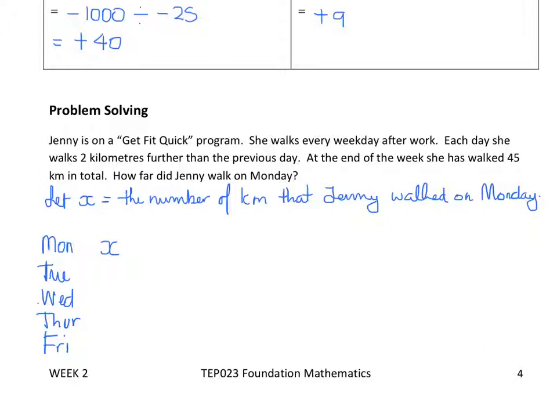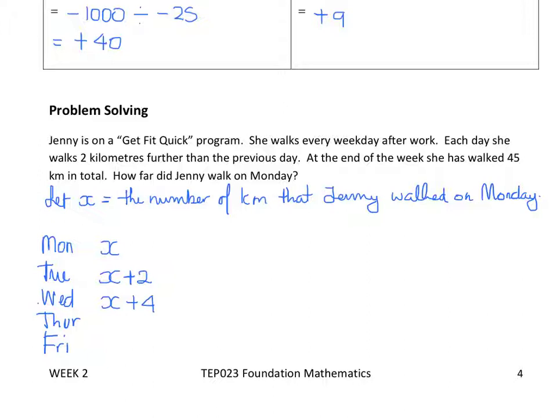On Tuesday, she walked another 2 kilometres. So that's X plus 2 kilometres. On Wednesday, she walked another 2 kilometres further than that. So that must have been X plus 4 kilometres.